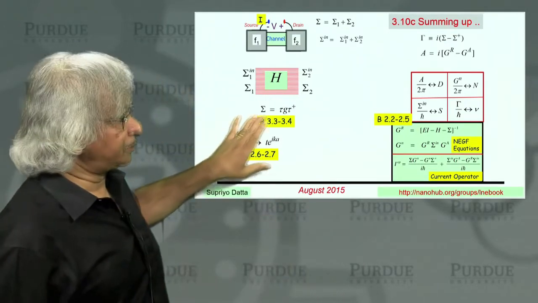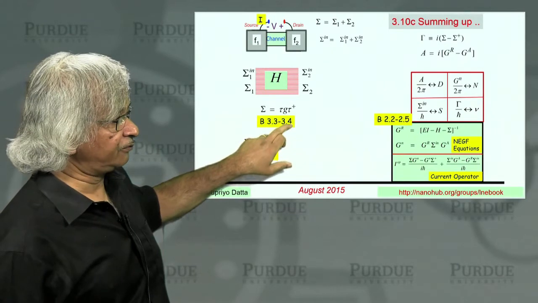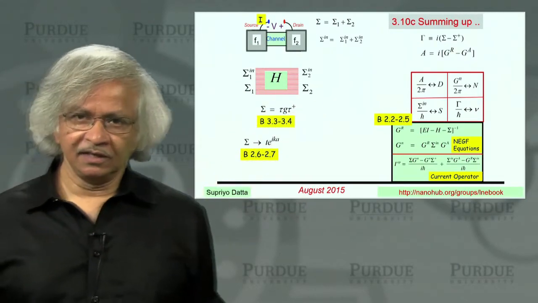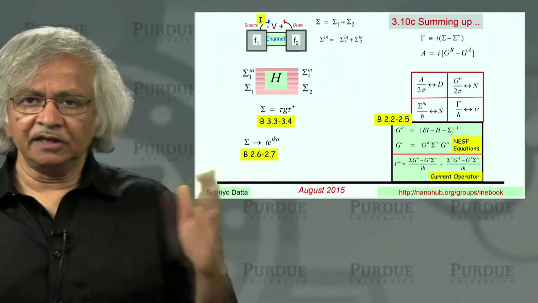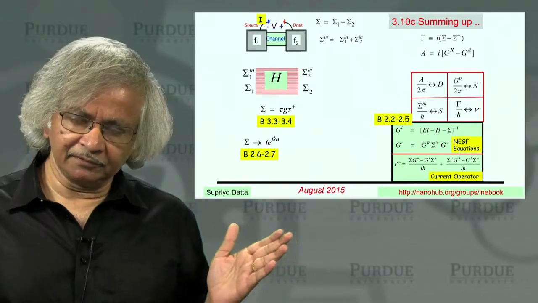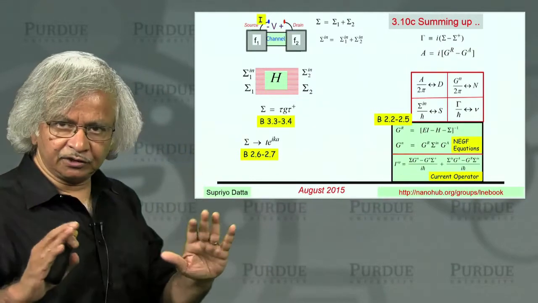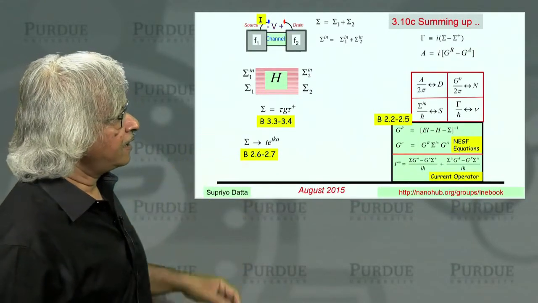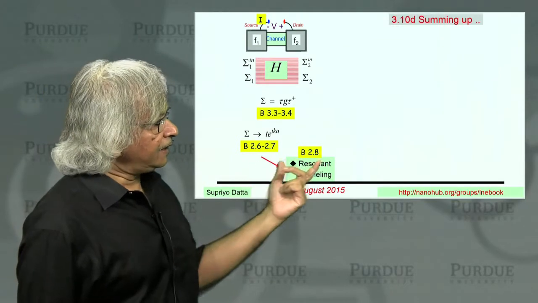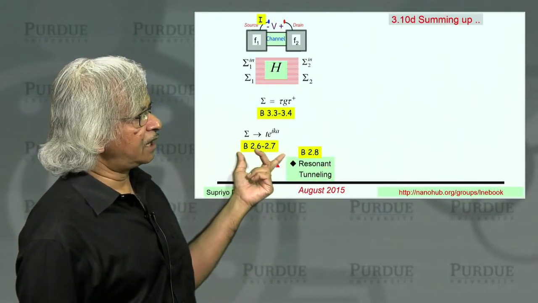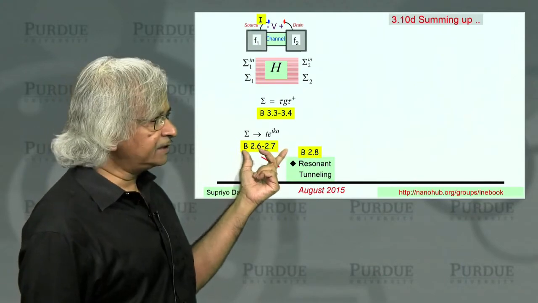What we did in Unit 3, in lectures 3 and 4, is introduced a more general expression for the sigma, something you could use in general for many types of problems. Whereas this one is very special, applies only to the 1D case. And in Unit 2, we use this resonant tunneling as an example of how to use this method.